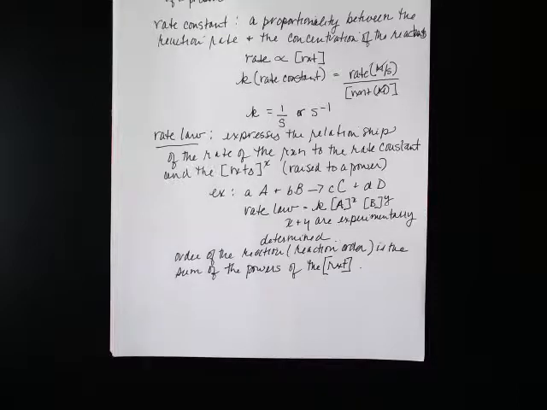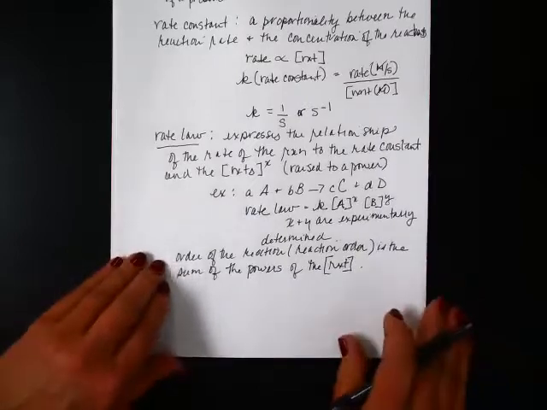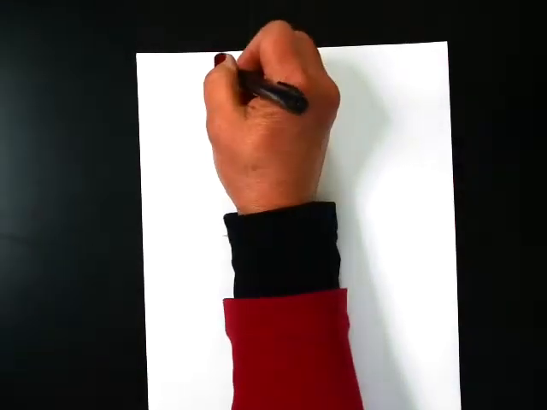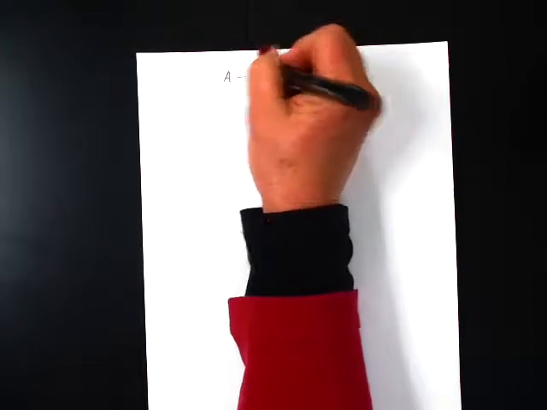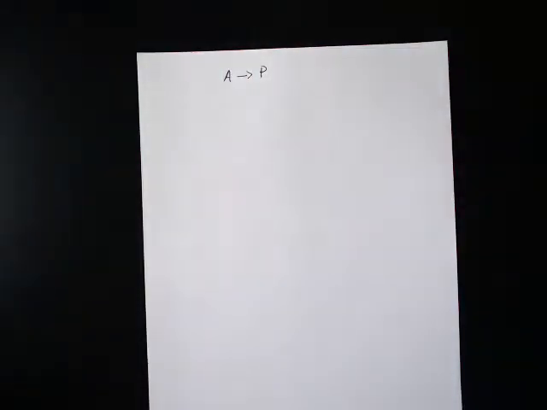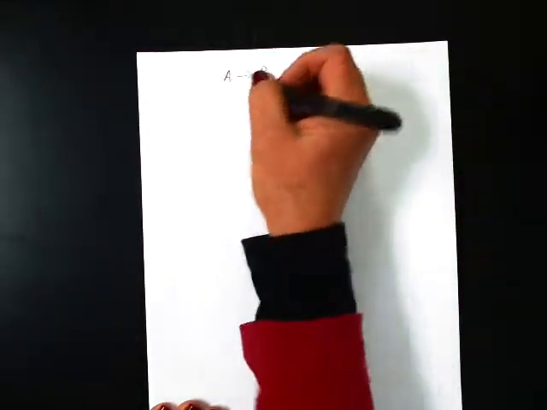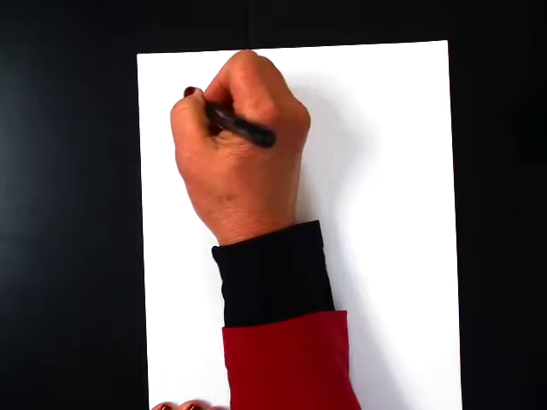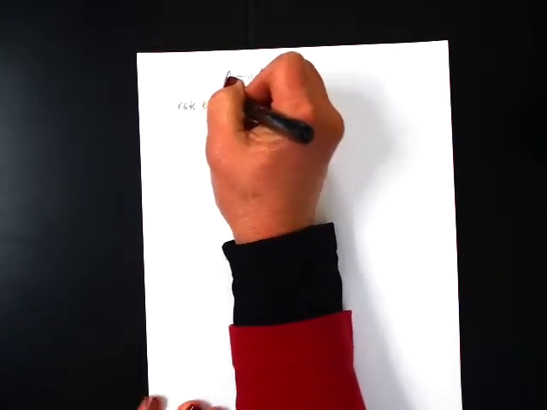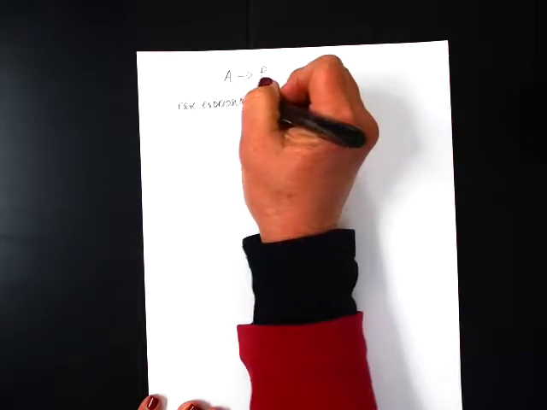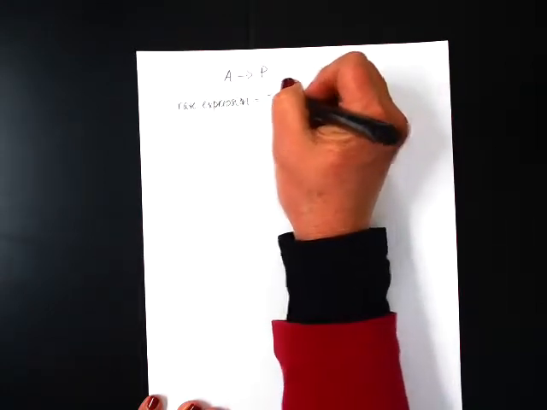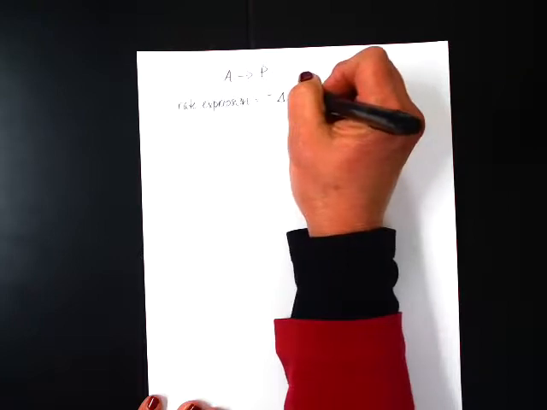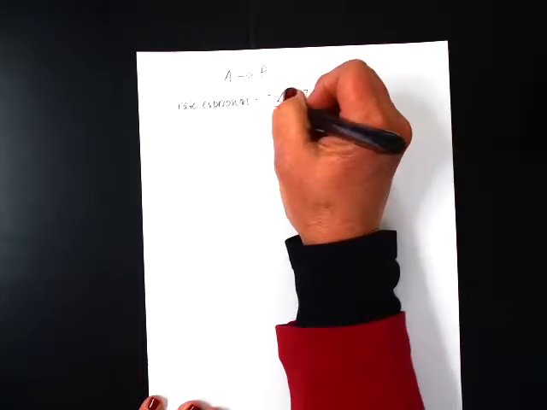So let's take a look at a first order reaction. And this is when we have reactant A being converted to product P. We can write a rate expression that gives us the change in the concentration of A over the change in time.